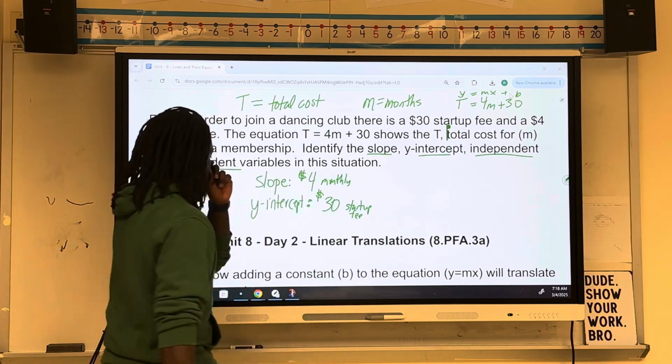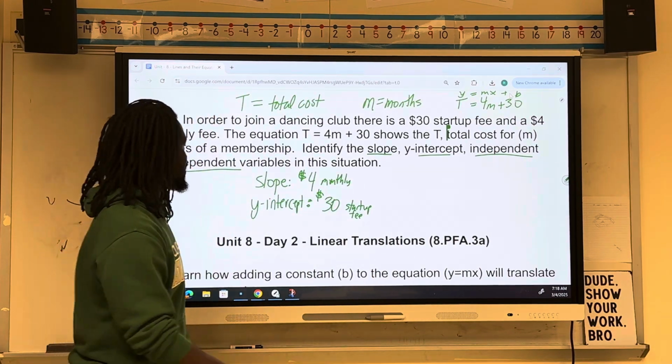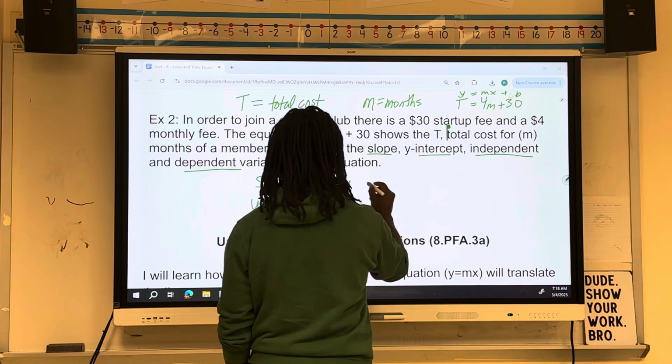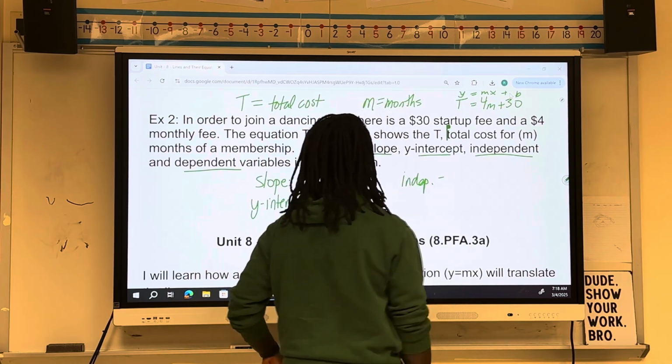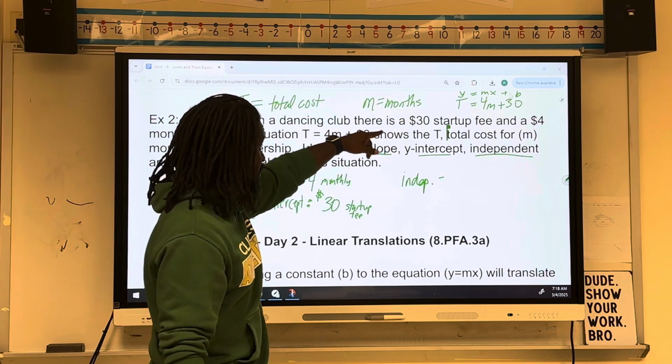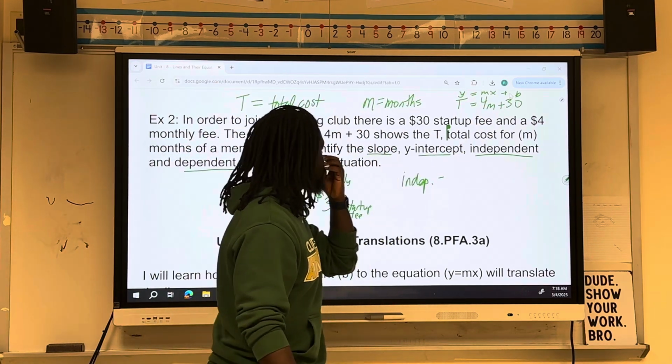That's the y-intercept. Then the independent variable is going to be the x, and that is what's with the slope.